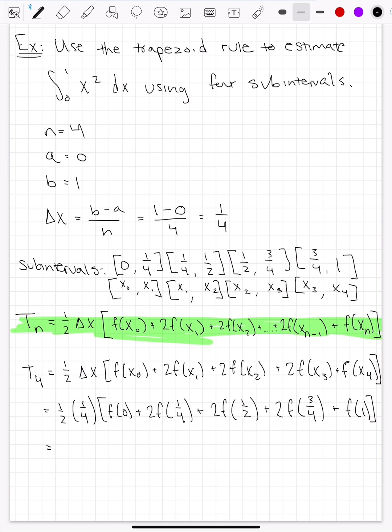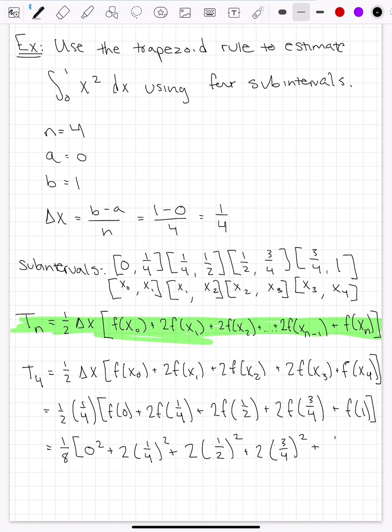And then our function, remember, is x squared, so I have to plug all of those x values in. This 1/2 times 1/4, I can simplify as 1/8, and then I have 0 squared plus 2 times 1/4 squared. Remember that f of x in this example is x squared, so we're squaring all of the x values we plugged in.